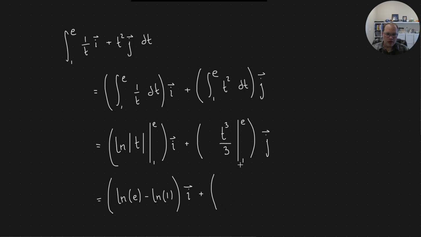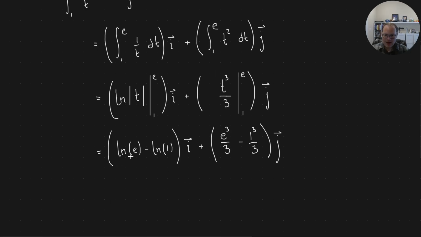And here, plug in the e, I get e cubed over 3. Plug in the 1, I get 1 cubed over 3. That's my second component, my j component. Now over here, if you know your natural logs well, you know we could simplify these. Natural log of e is just 1.